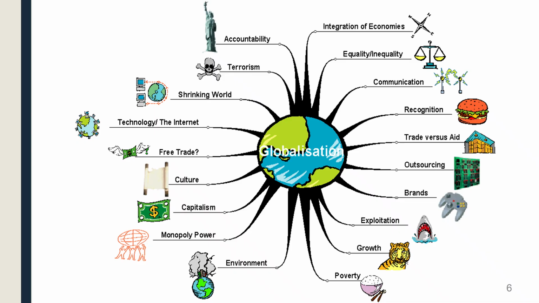Elements like outsourcing, capitalism, and free trade reflect how businesses expand globally, while issues such as accountability, terrorism, and monopoly power remind us of the challenges globalization creates. Overall, the image shows that globalization is a complex and interconnected process affecting every dimension of modern life, such as economic, social, cultural, and environmental.